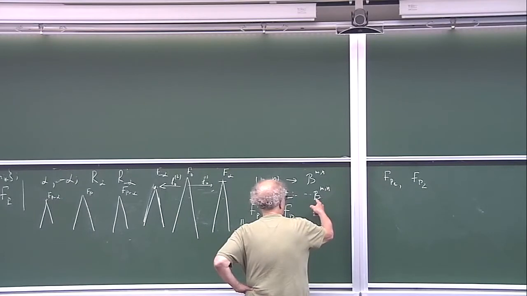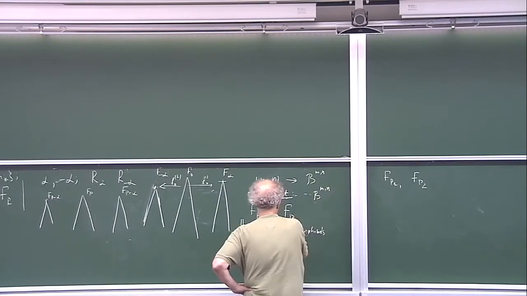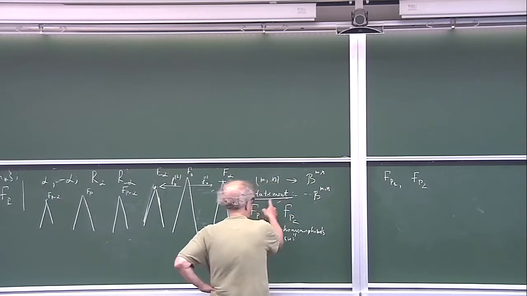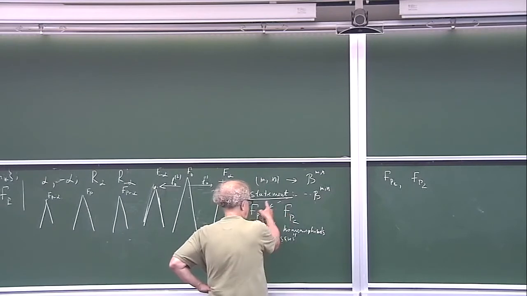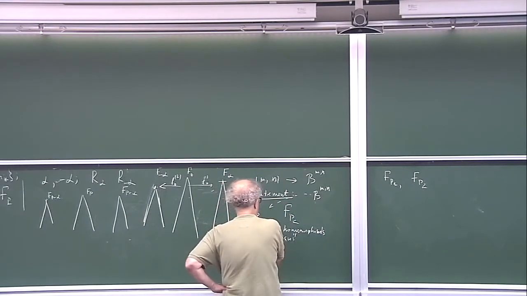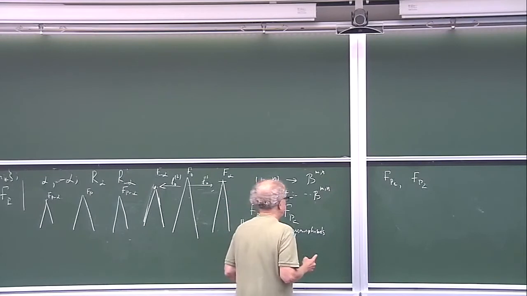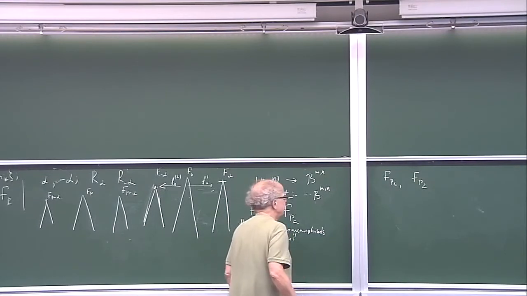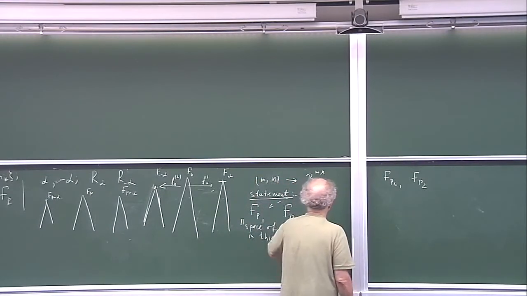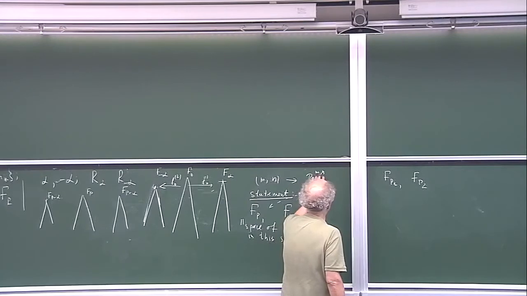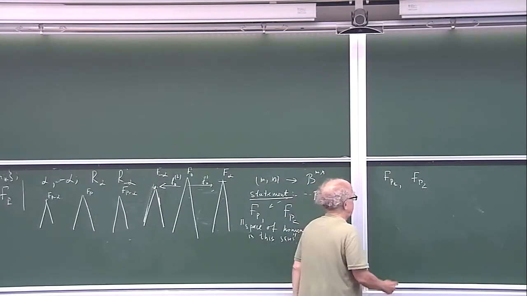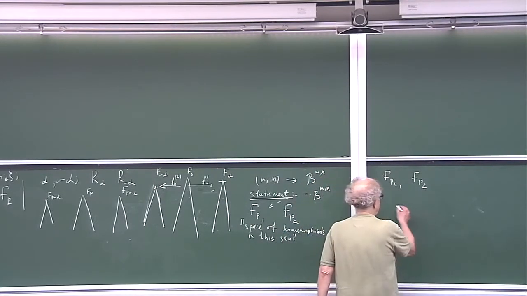Then I take a special element here, and so here I get some subspace in the space of linear maps from this to this. And this linear space can be identified with something. First of all, it depends on n and m.